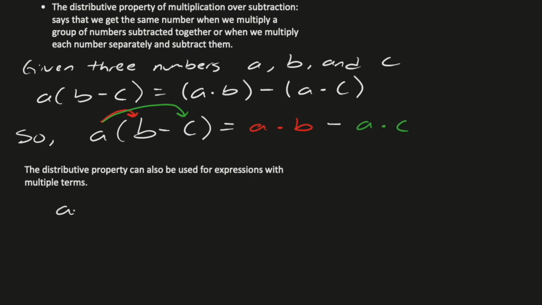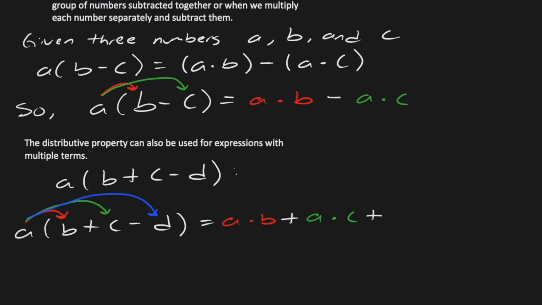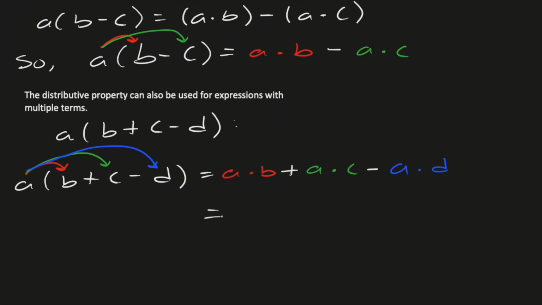So for example, let's say we have A, open parentheses, B plus C minus D. What would that look like? So let me do my arrows. It is equal to, it's the same thing. We start off with red arrows, A times B plus A times C, minus, because we have a minus next, A times D. That would be equal to AB plus AC minus AD.